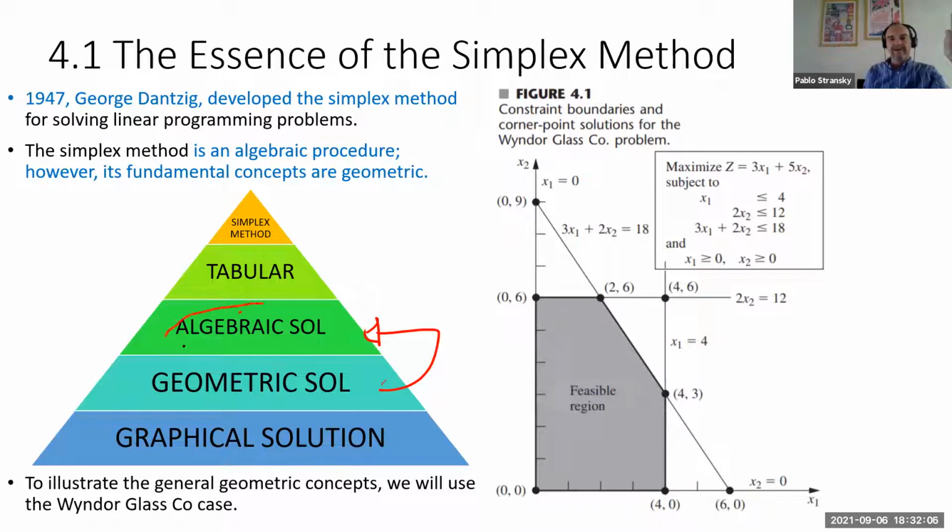Now we have a full algebraic solution, okay? Next class, we're going to work on the tabular form. That means it's quite easy. It's exactly as algebraic, but it's easier, okay? You're going to see, it's quite easy.